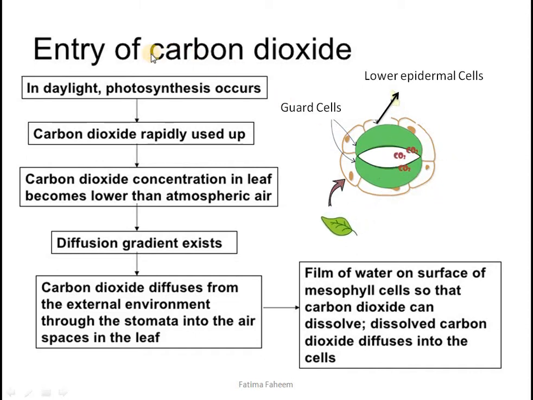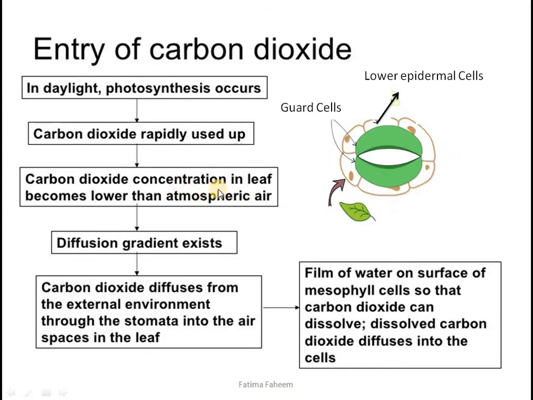So what processes or stages happen when carbon dioxide has to enter the leaf? In daylight, photosynthesis occurs. Carbon dioxide is rapidly used up in the leaf, leading to a lower concentration of carbon dioxide in the leaf compared to atmospheric air.